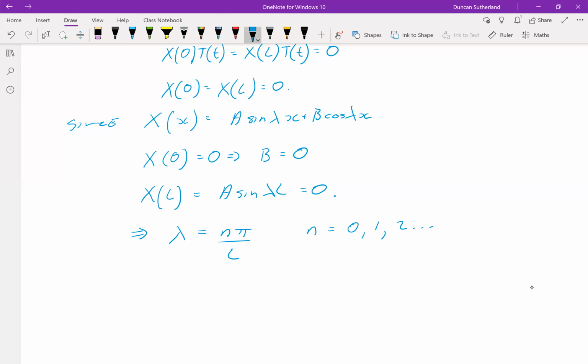And n can be natural, because it doesn't actually have to be 0. If n is 0, then your sine disappears anyway, so you're pretty much done. That's unimportant.